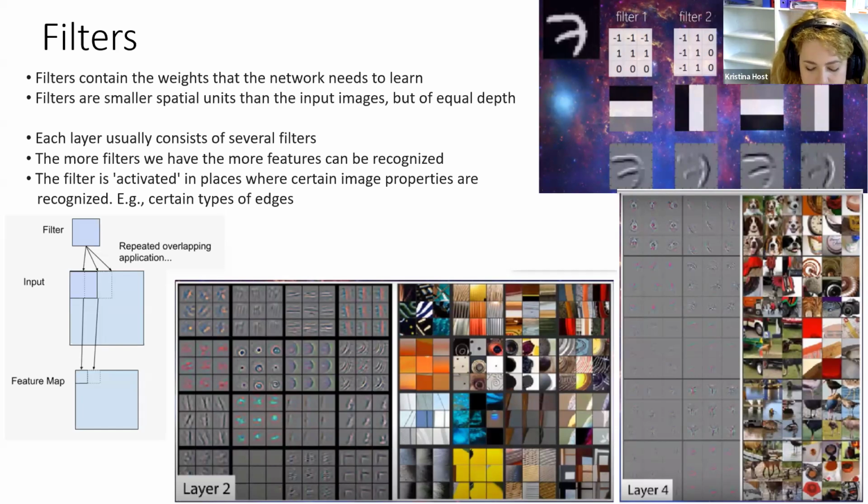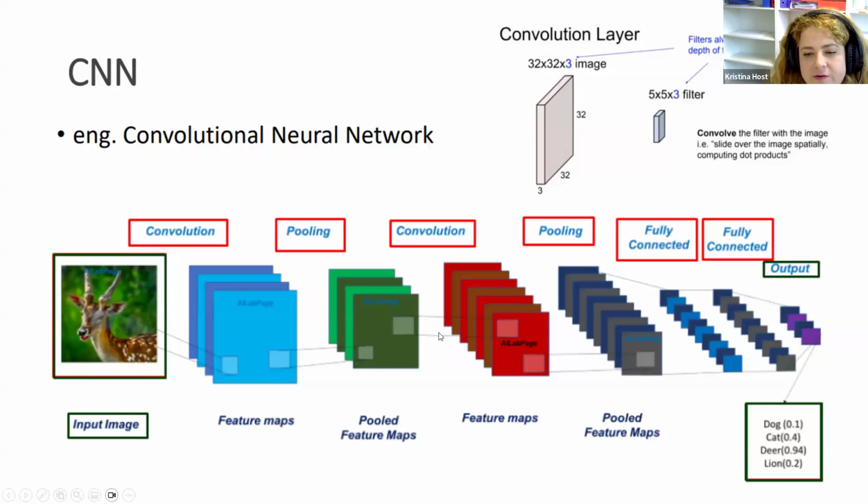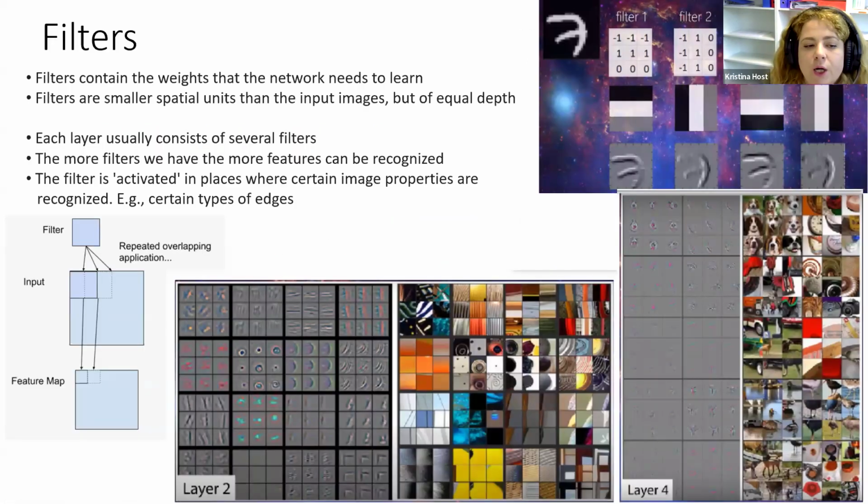So, for example, at the beginning of a neural network, for example a convolutional neural network, in the second layer you can find some basic contours, edges, and the most basic shapes such as angles, circles, and similar.